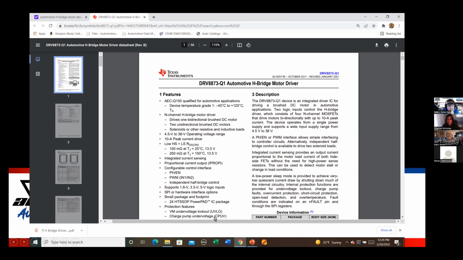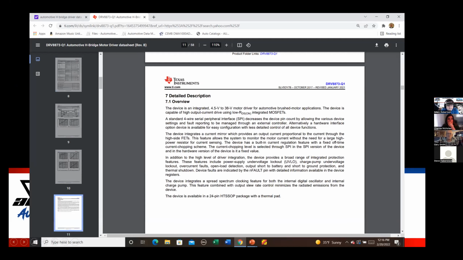The next thing down it says is under voltage charge pump, which is the capacitors that charge up that circuit and hold the voltage up high so that when the motor switches phases, it doesn't dip the voltage down. So that charge pump is providing voltage regulation to the pulse width modulation as it is cycling through the three phases, right? The third thing, which I'm not sure I captured, let me see if it is here.